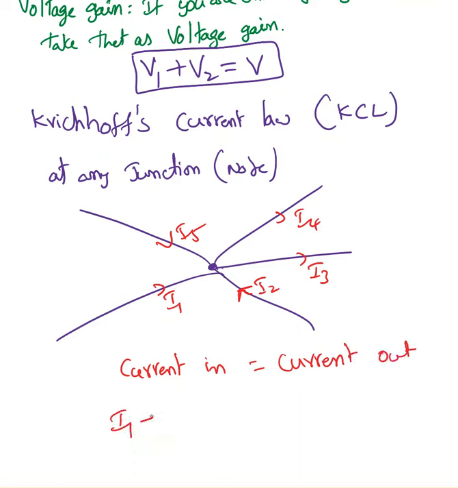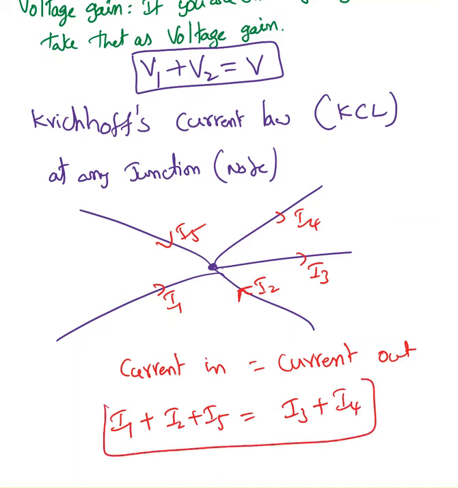So I1, I2, I5, those three currents are coming in, and I3 and I4 are going out. According to Kirchhoff's law, at any junction, currents in must equal currents out. So I1 plus I2 plus I5 equals I3 plus I4.